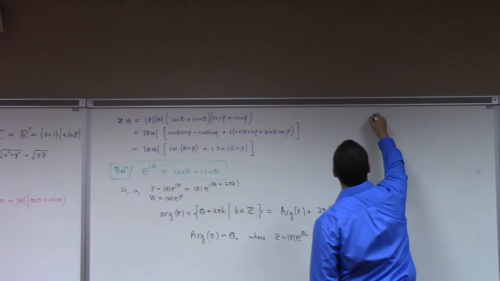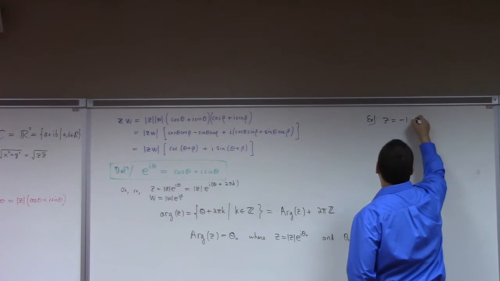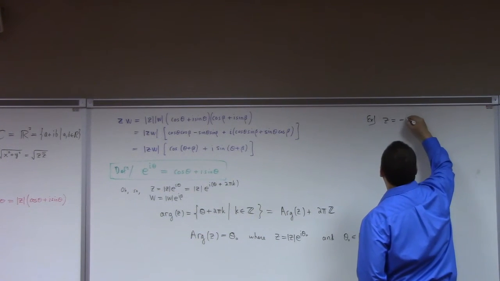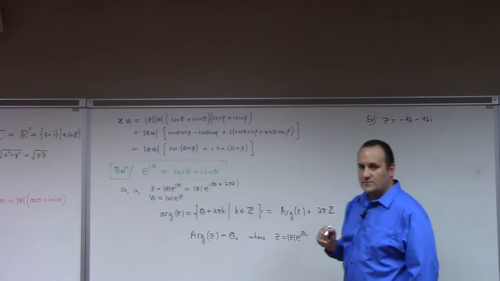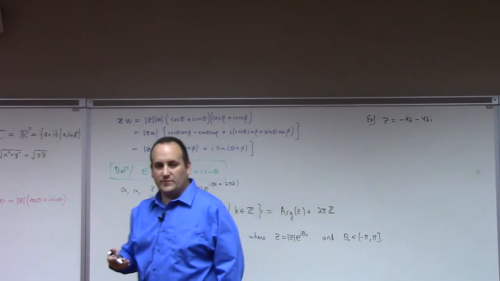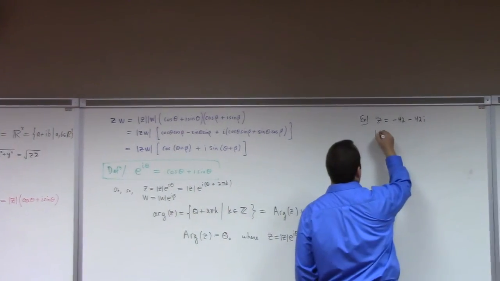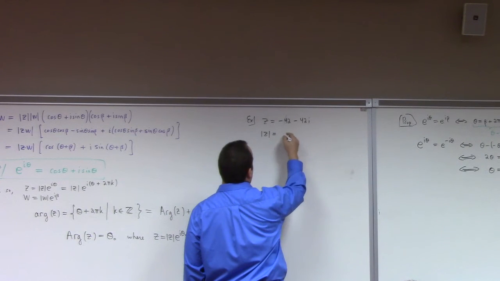Let me give you an example. If we have z equal to, let me make it interesting, minus 42 minus 42i, you can ask what's the modulus, what's the principal argument. So the modulus of z is equal to what?